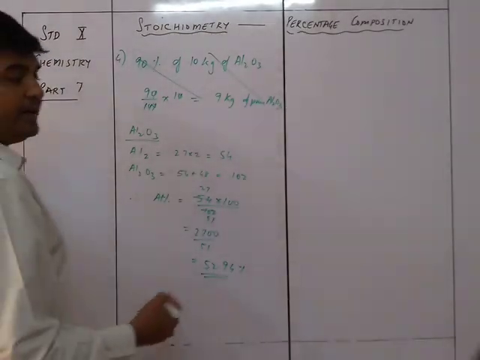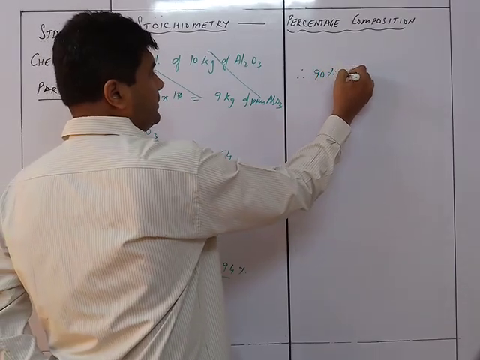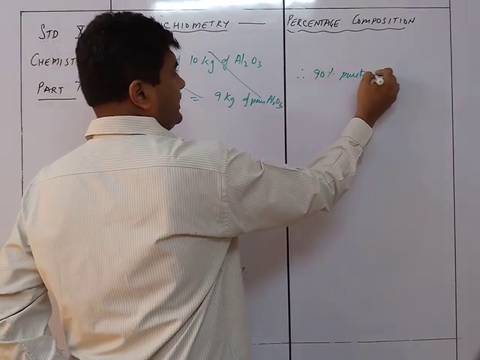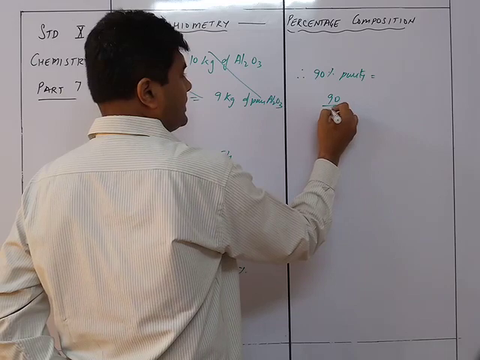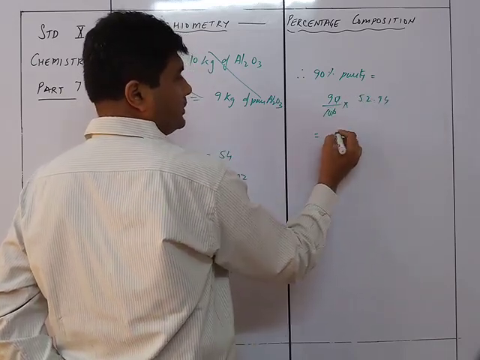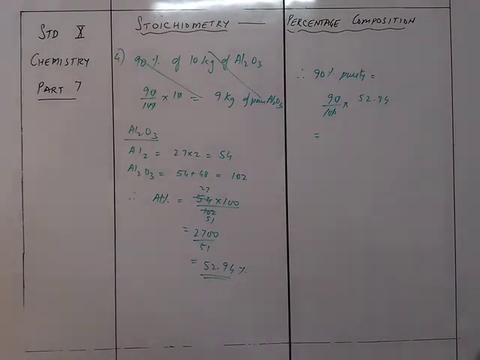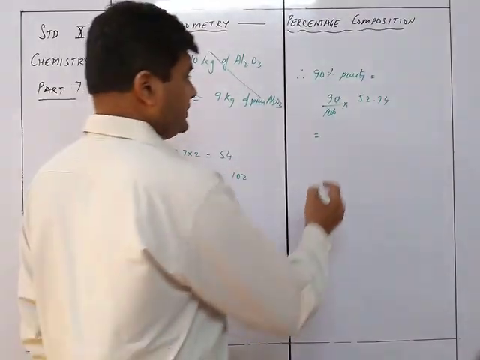So purity is 90%, therefore 90% purity is equal to 90 upon 100 into 52.94. So that will give you 52.94 into 9, that is 47.64%. So it is 47.64%.